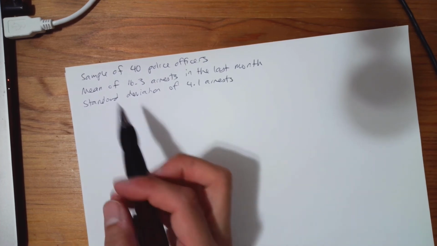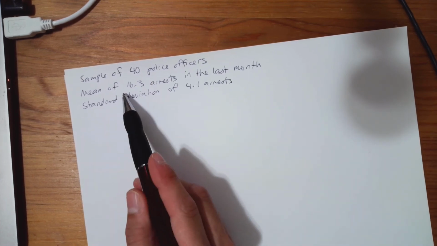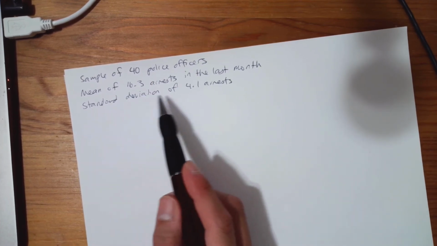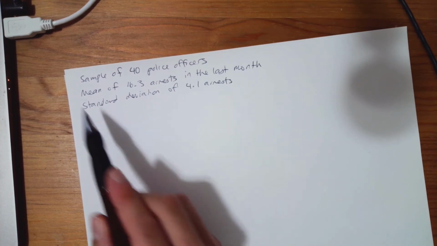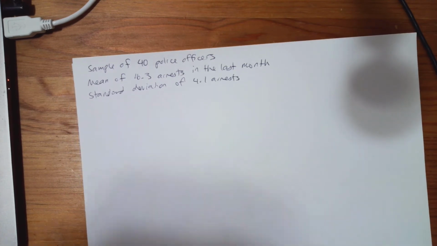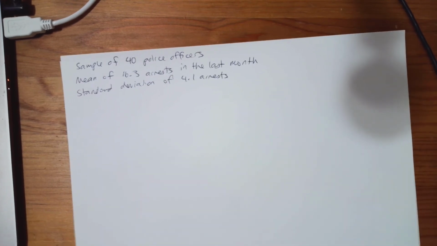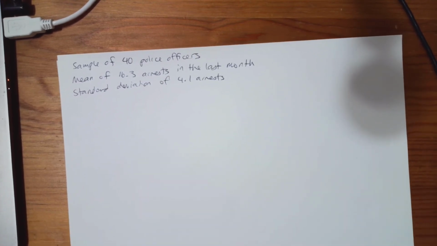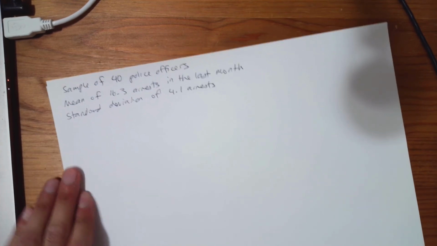So here we're describing a sample. It's a sample of 40. We have a mean of 16.3 and a sample standard deviation of 4.1. So this is all information about the sample. And we're going to find a 95% confidence interval to estimate the true number of arrests made by police officers in the population.